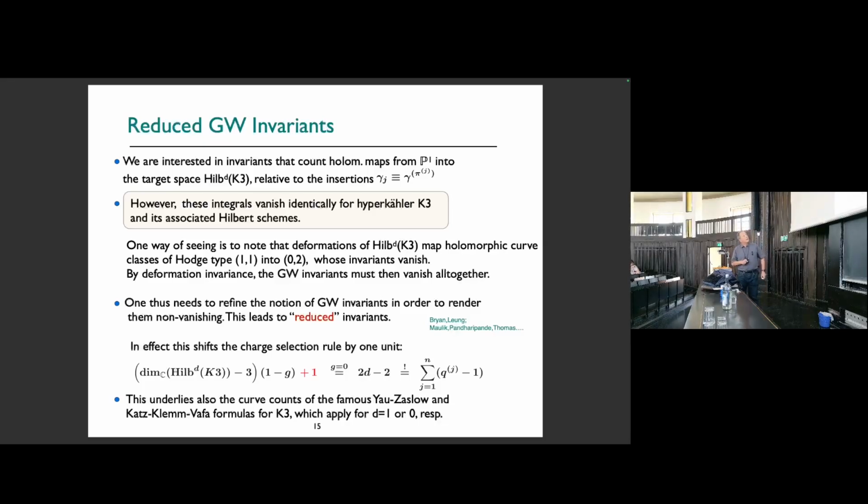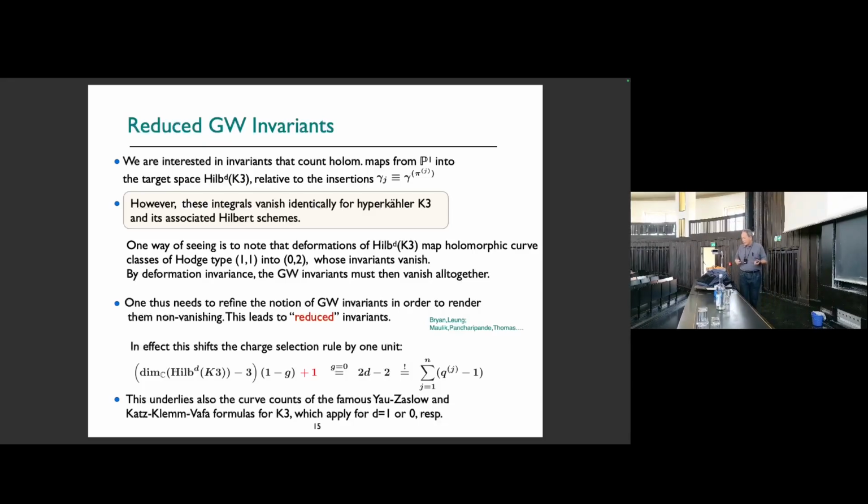Yeah? So one way of seeing why this happens is that if we fix some holomorphic (1,1) class, say, of some curve, then by changing the complex structure moduli of this K3, it gains an extra component which is not holomorphic. Therefore, this object does not qualify as a holomorphic map we can count.